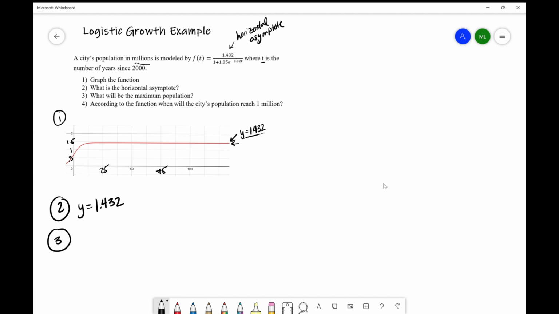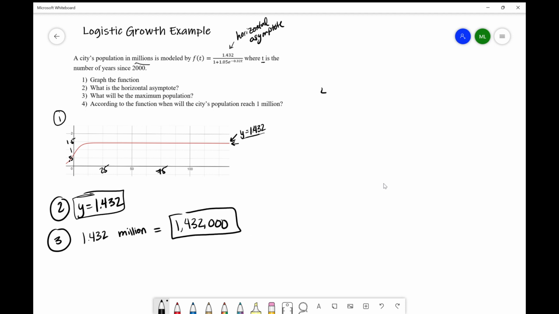And just remember that these are in millions. So the max population that we can ever have is 1.432 million, which if we rewrite it, is 1,432,000. Okay, so this is our max population. Let's go ahead and box our answers so far.